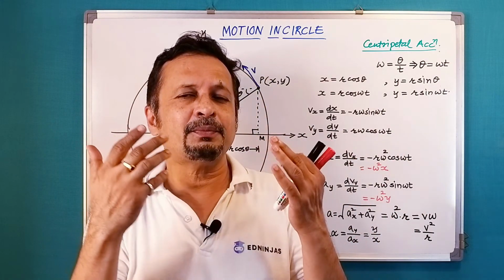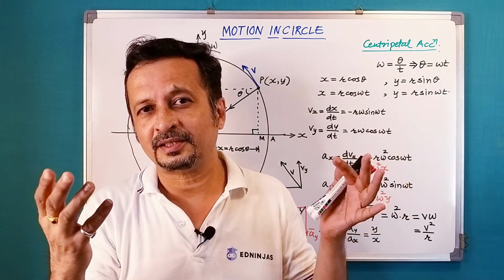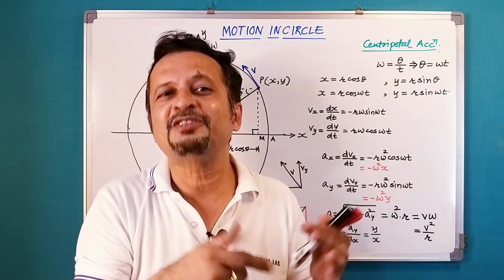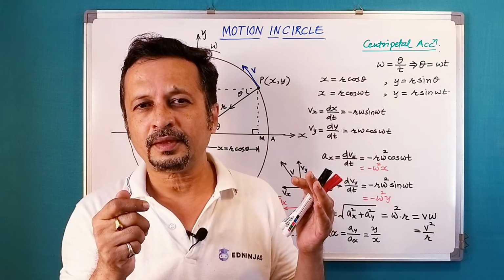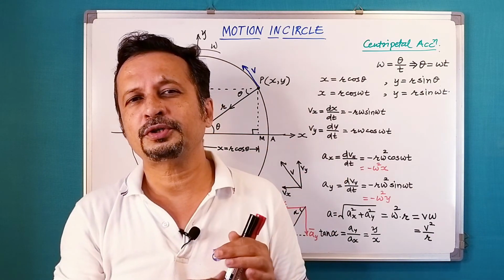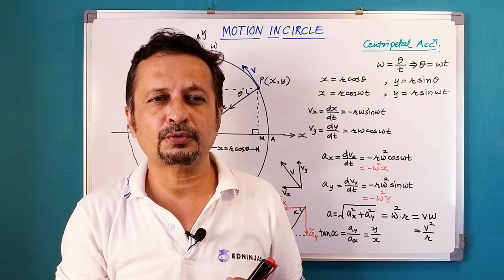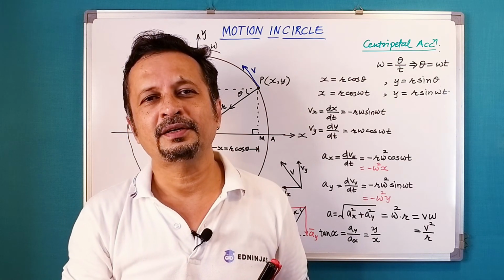Whenever there is acceleration, there has to be a certain force, isn't it? That force, that tension, is providing the necessary centripetal force for circular motion. Correct? In the next video, we are going to talk about a few applications of circular motion, like banking of roads, and maybe we can even talk about vertical circular motion, right? Thank you so much.